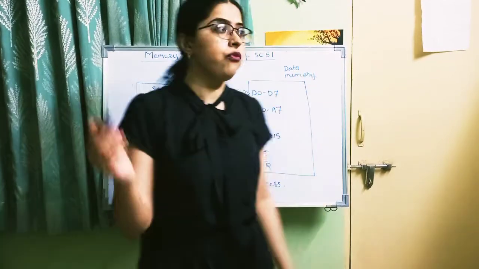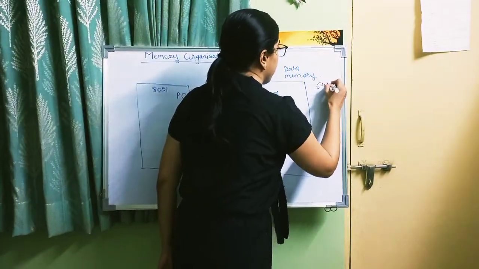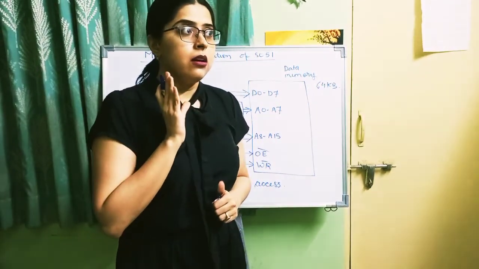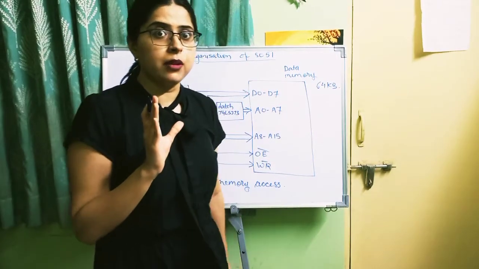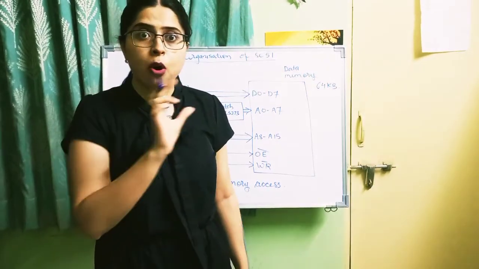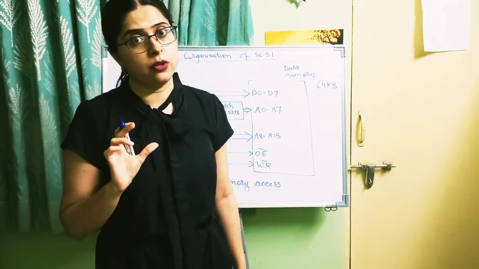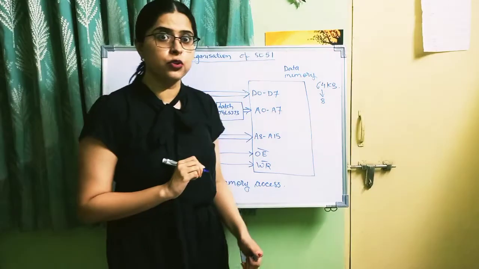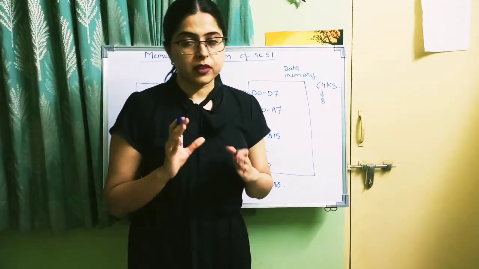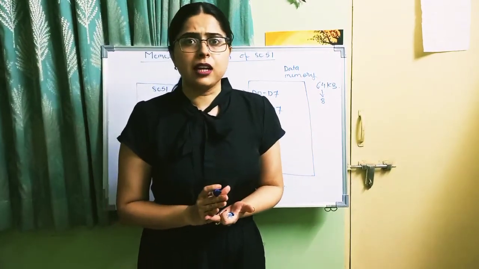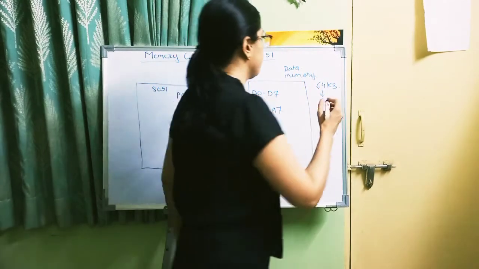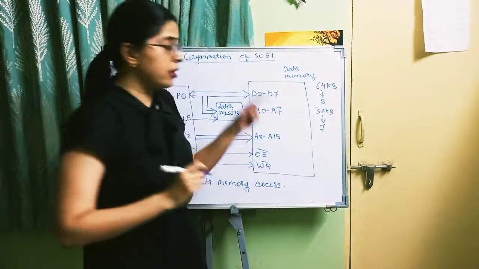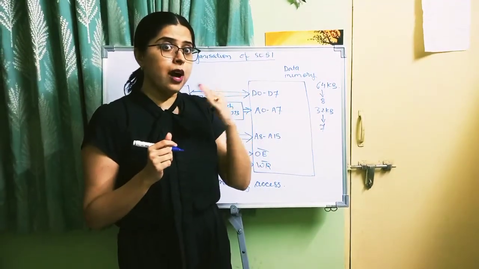Now our next important point is how much data memory the 8051 can access. The 8051 can access 64 KB of data memory. When the 8051 is accessing the 64 kilobytes of data memory, all 8 pins of port 2 are used. If the data memory size is 32 kilobytes, then the pins of port 2 are reduced.